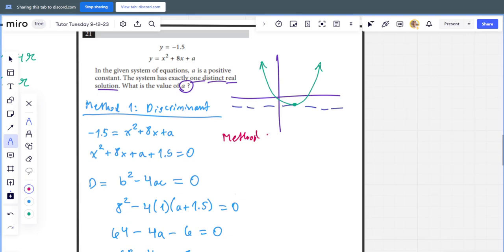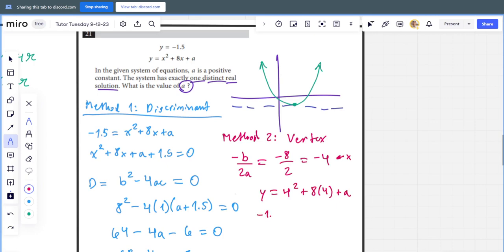Method 2, which is the vertex method. The x value of the vertex is given by negative b over 2a, which in this case is negative 8 over 2, which is negative 4. So the y is going to be equal to negative 4 squared plus 8 times negative 4 plus a, and we want that equal to negative 1.5.